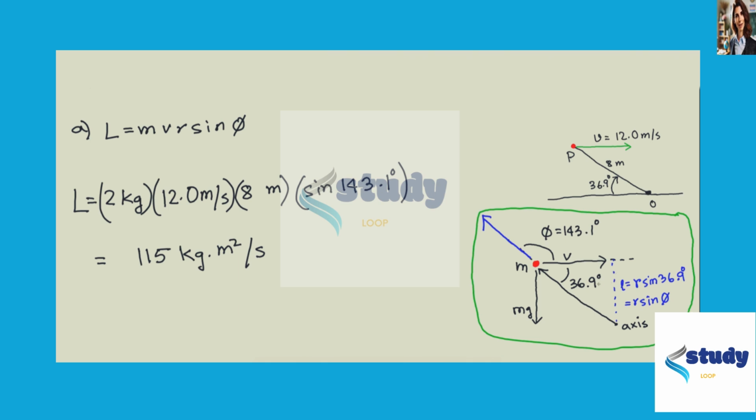So we need that here, because again, m times v, phi is 143.1 degrees. If we put all the numbers here, we see that L is 115 kg meter square per second.